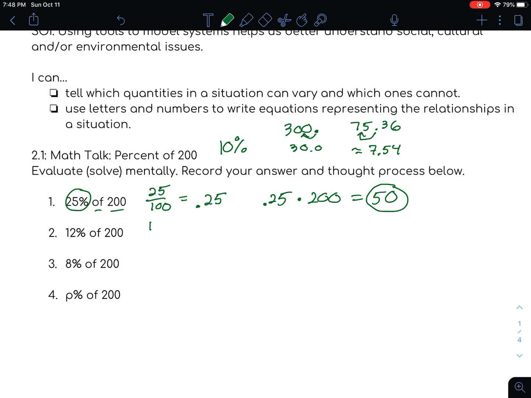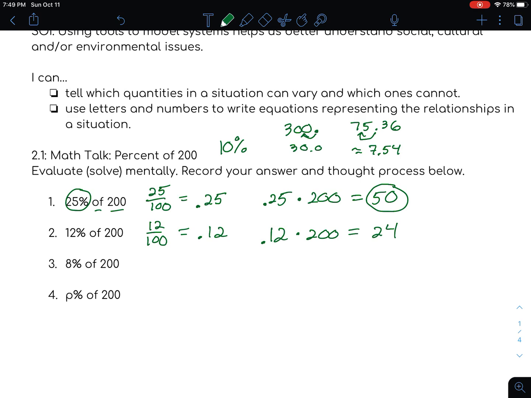So if we're going to do 12% of 200, again, think of that as 12% is 12 out of 100, and that's the decimal 0.12, which is also read 12 hundredths. So 0.12 times 200 will give us 12% of 200. And when we do that, we get 24.